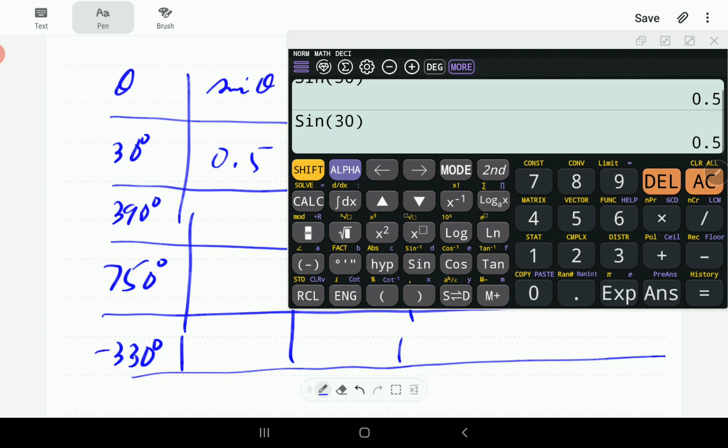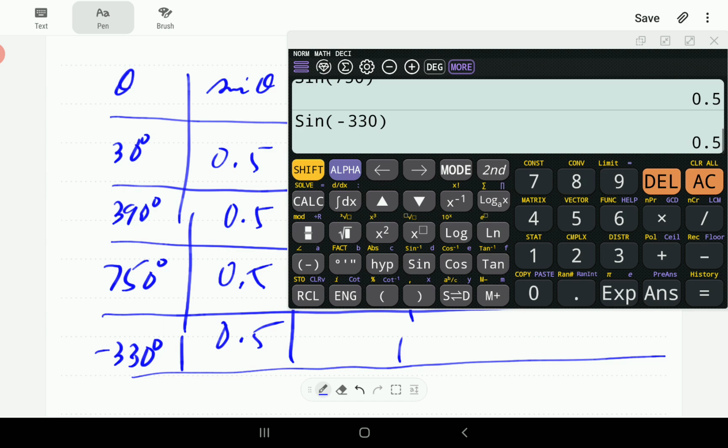Next we're going to try sine 390. Sine 390 is also 0.5. Then I'm going to try sine 750. Sine 750, also 0.5. Then I'm going to try sine negative 330, also 0.5. Okay, so it looks like all the sines of these angles are exactly the same.